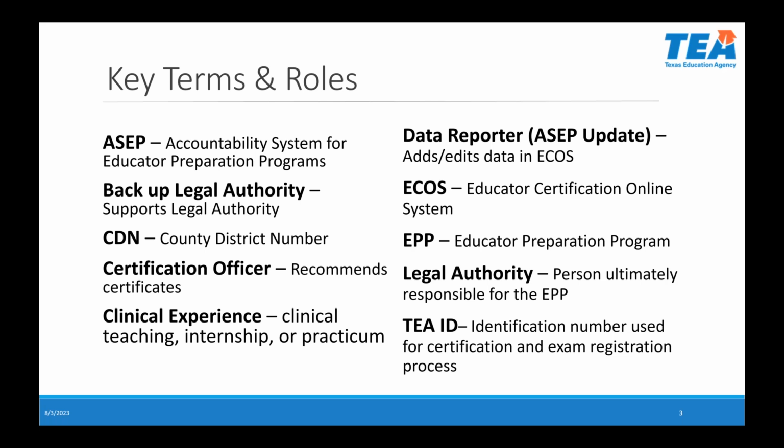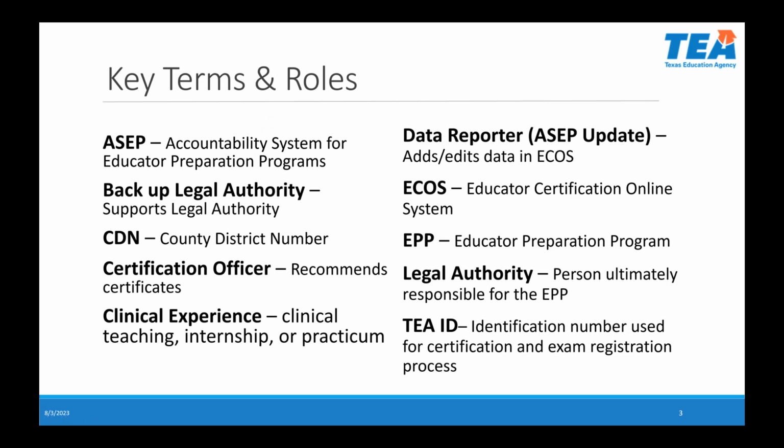ECOS is the Educator Certification Online System, which houses the educator data statewide. TEAID is the identification number used for certification and exam registration process. ASEP is a term for the Accountability System for Educator Preparation Programs and is also a drop-down menu in the ECOS for Entities green screen. This is important because everything under the ASEP menu locks each year after the reporting year closes and cannot be updated after the lock.